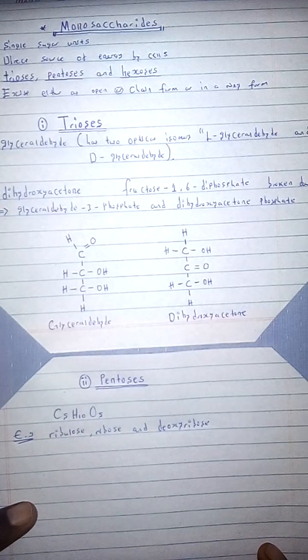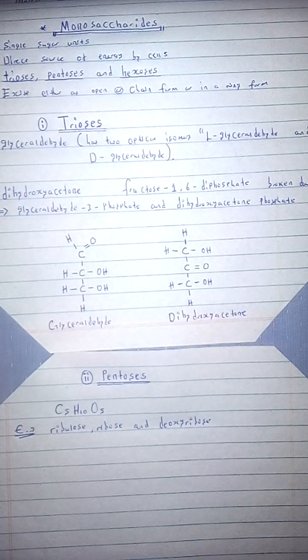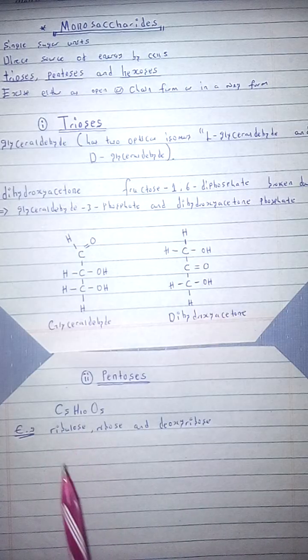We need to take note that in this lesson we are going to focus much on ribose and deoxyribose, not on ribulose. What we need to know about ribulose for now is that it is an important carbon dioxide acceptor during photosynthesis. So this one accepts carbon dioxide during photosynthesis in plants. You need to take note of that.